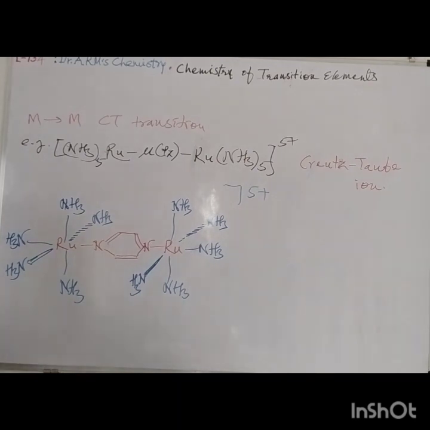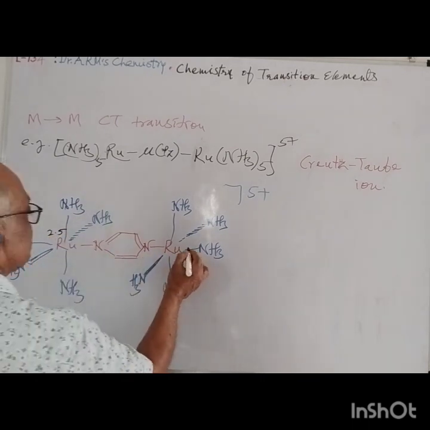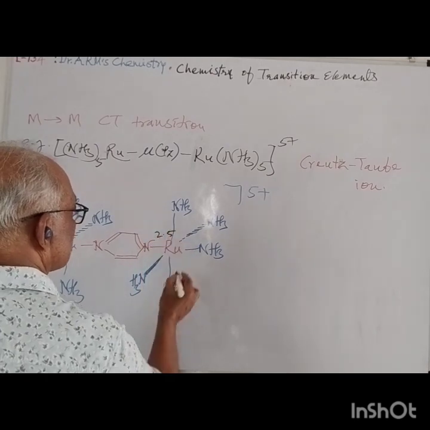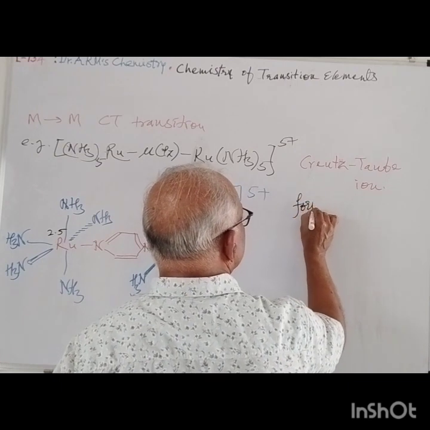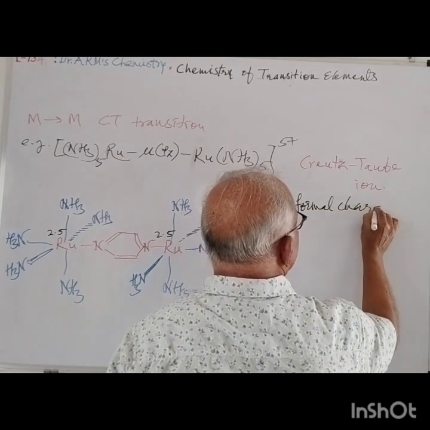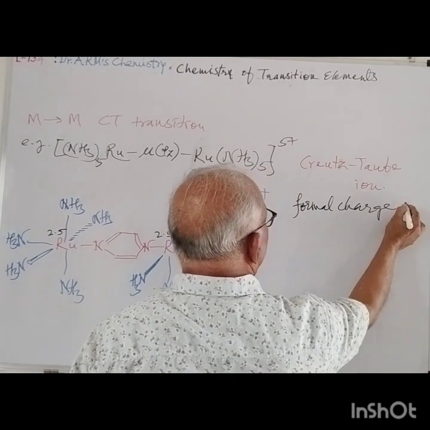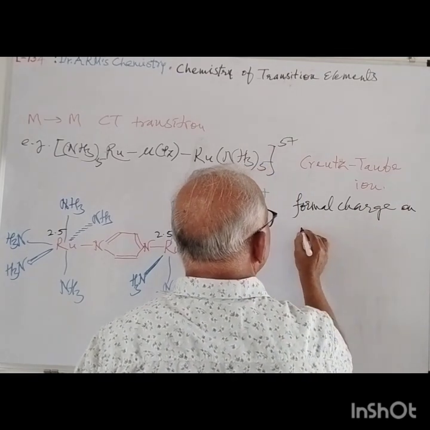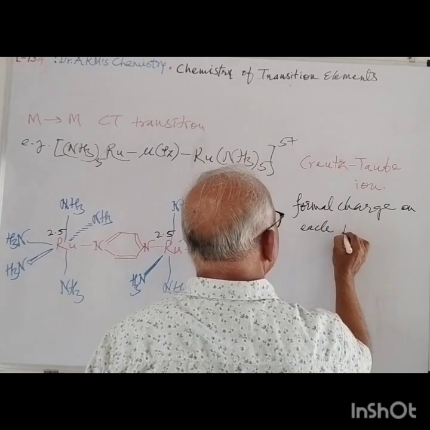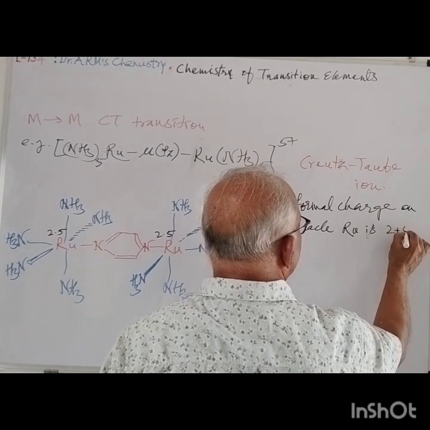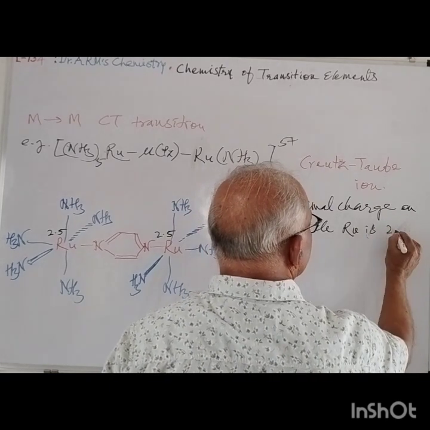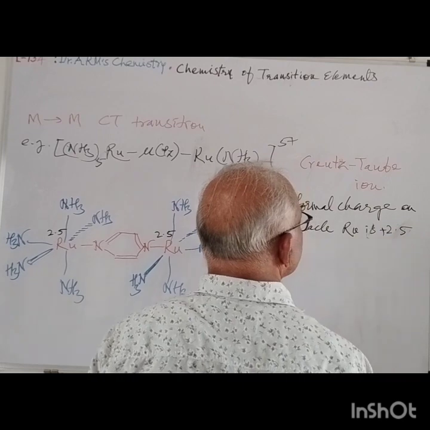So as is expected, each of them has 2.5 oxidation state or thermal charge, so it has thermal charge on each Ru, 2.5 plus 2.5.